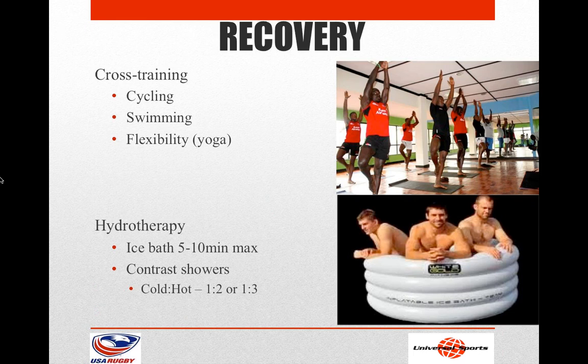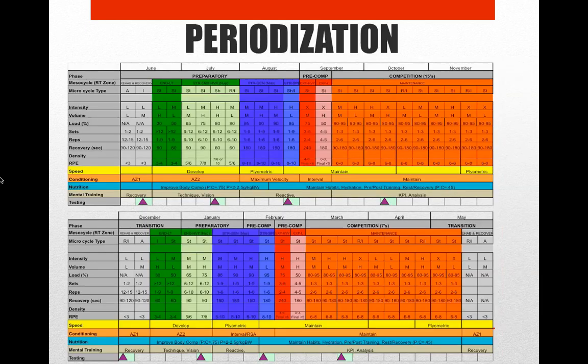And then as you get through the season, cross-training is a real advantageous tool to use, whether it's cycling or swimming. If it's in season, you definitely want to try and use some low impact modalities like swimming and cycling.